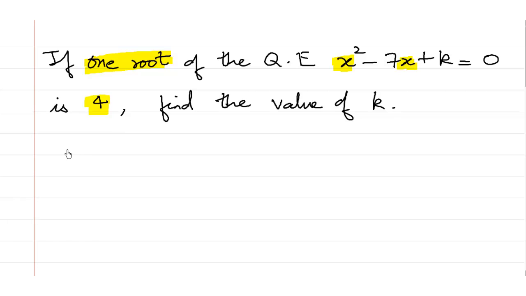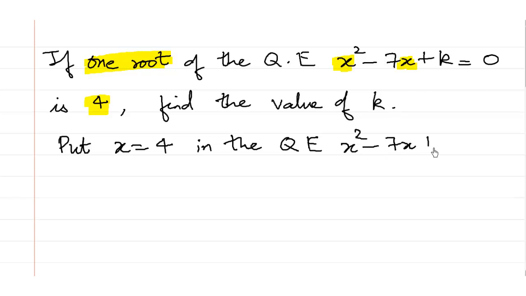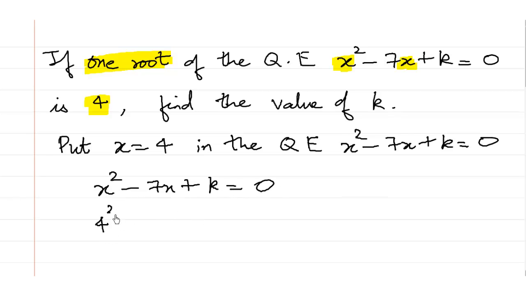What we'll do is we'll put x is equal to 4 because that's one of the roots in this equation. And see what do we get. X square minus 7x plus k is equal to 0. So instead of x we'll write 4. So 4 square minus 7 fours are plus k is equal to 0.